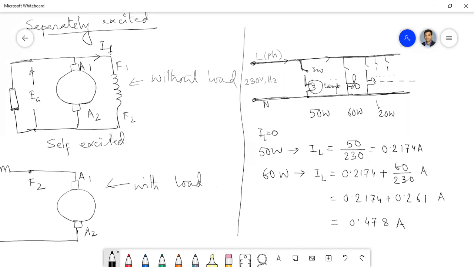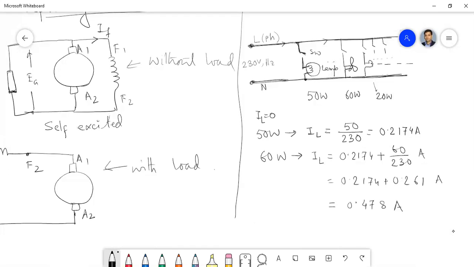So this is how, if we go on switching on loads one by one, what is actually getting increased? The total current drawn from the source. The total current drawn from the supply is getting increased. Actually the power drawn is increasing, the voltage remains constant, so the current increases.